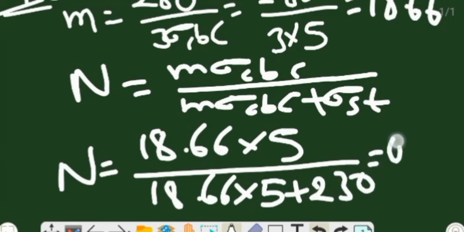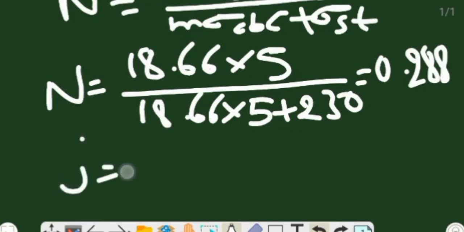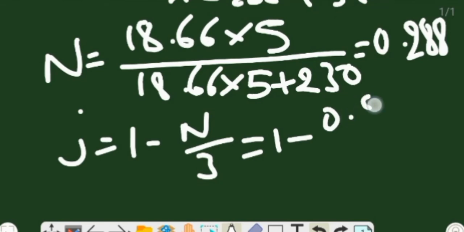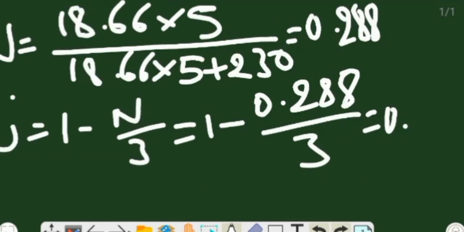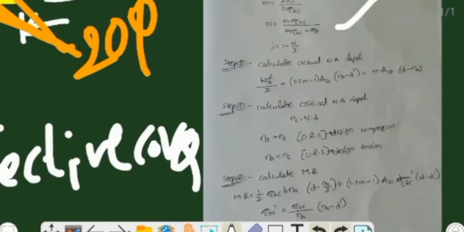Then we get n equals 0.288. Next constant is z equals 1 minus n by 3, equals 1 minus 0.288 by 3, so we get z equals 0.904.